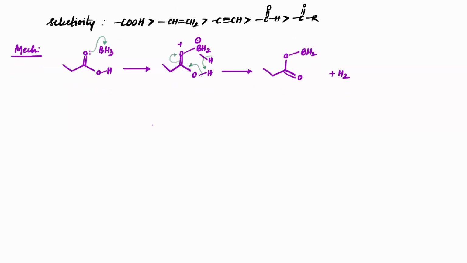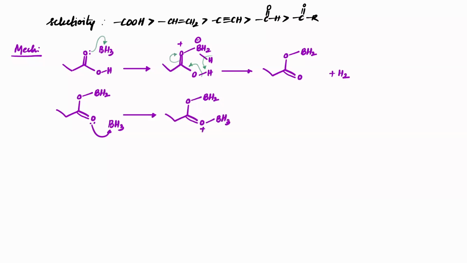Okay, this is the first thing that will form. And this intermediate which is formed will again react with the second mole of BH3, lone pair trying to connect from here, and that would give us oxygen connected with BH3 with plus and minus here. Got it.